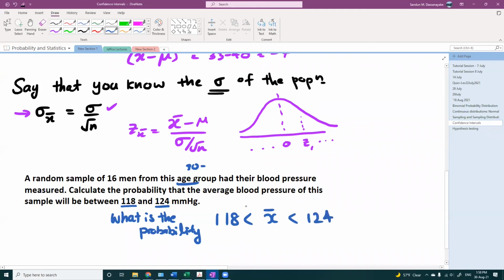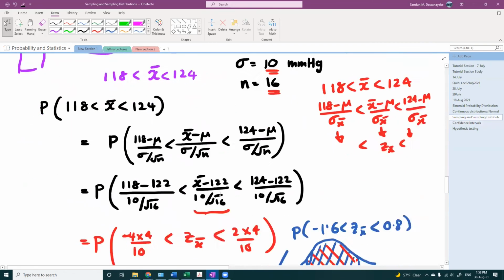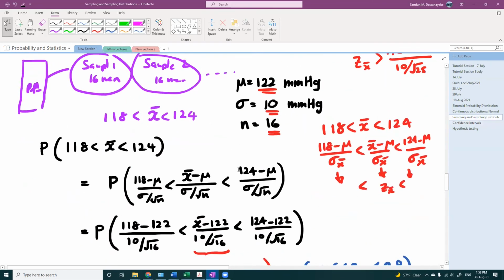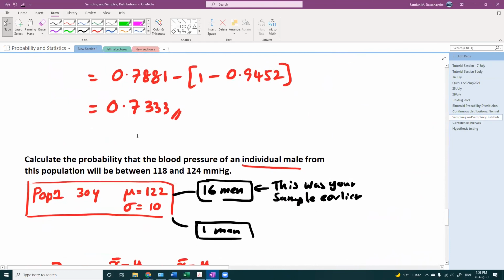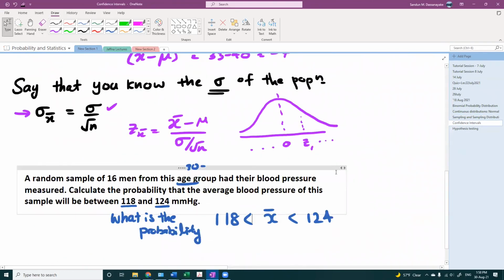Okay, this is what we calculated earlier using this thing, right? So we got the probability is 0.733 something, right? So this is what we got.